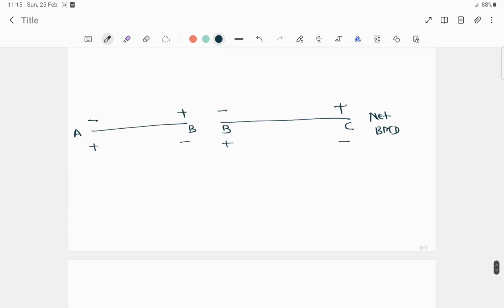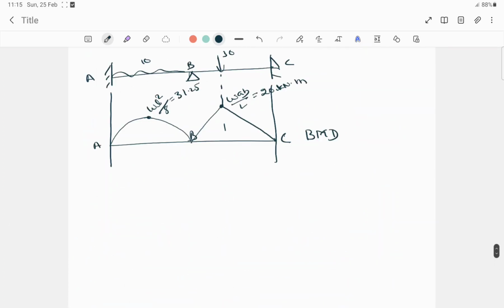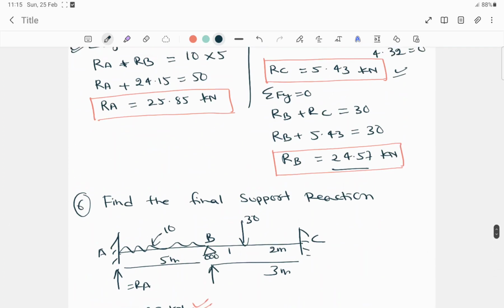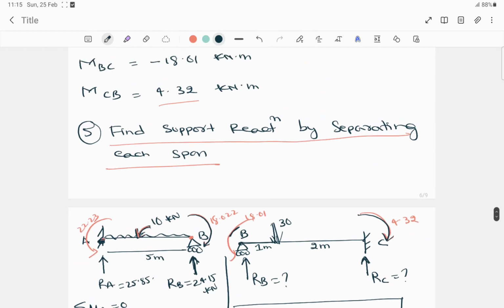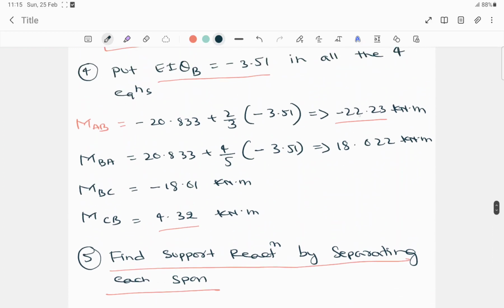So now we'll draw. This is our whole span, right? A, B and C. Now for the bending moment diagram, we have already got our values here for MAB, MBC, these values, right?